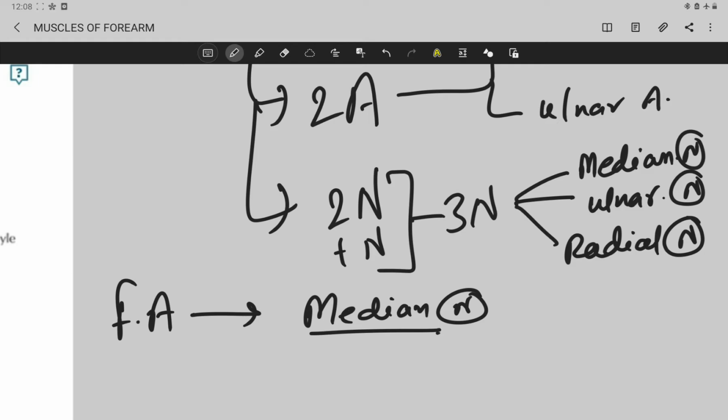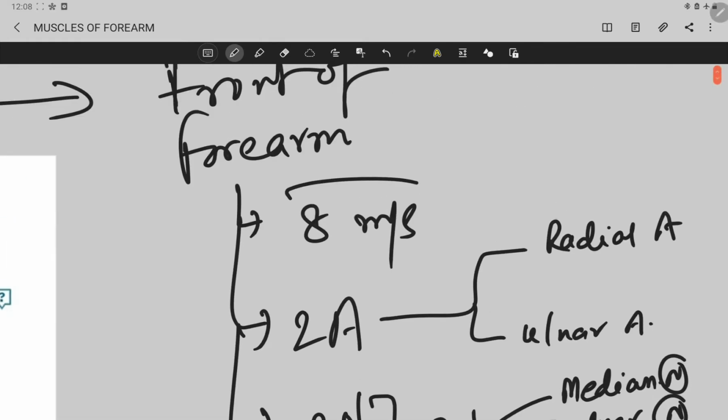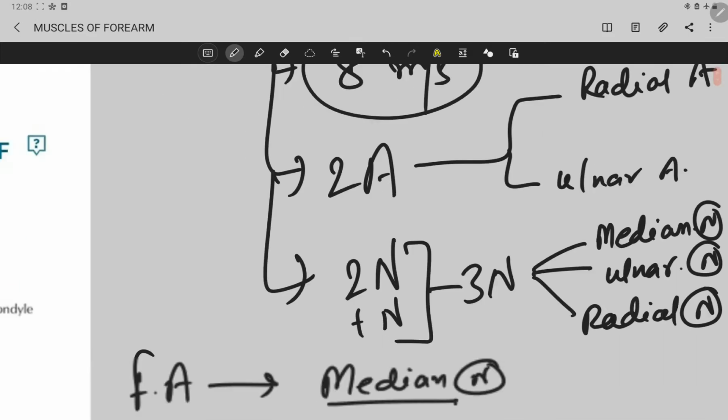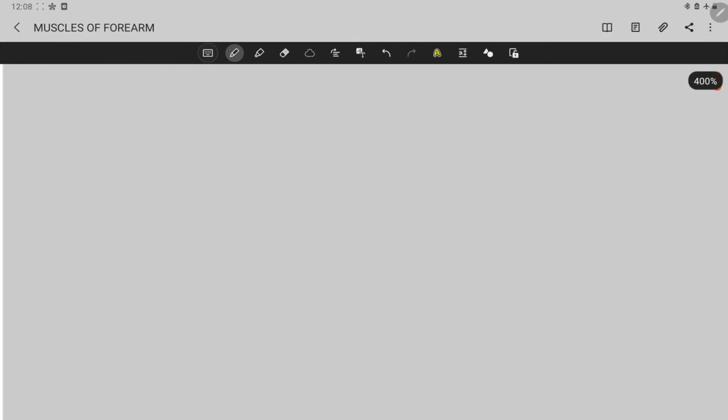All right. So when I'm talking about the eight muscles of the front of the forearm, or the anterior compartment of the forearm, it has mainly eight muscles.